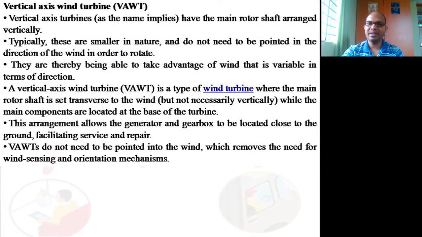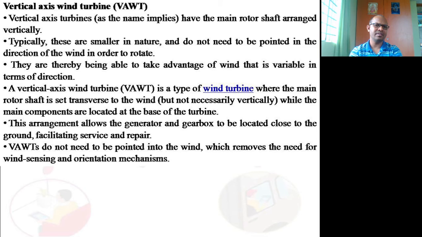Now, this vertical axis turbine, as the name itself implies, has a main rotor shaft arranged vertically, whereas in the other the rotor shaft is horizontal. Typically these are smaller in nature and do not need to be pointed in the direction of the wind.